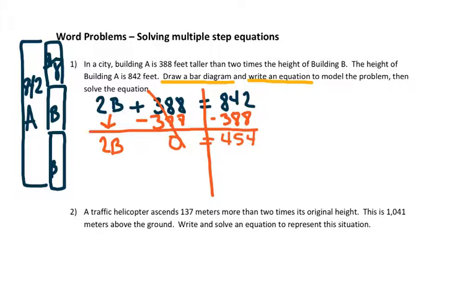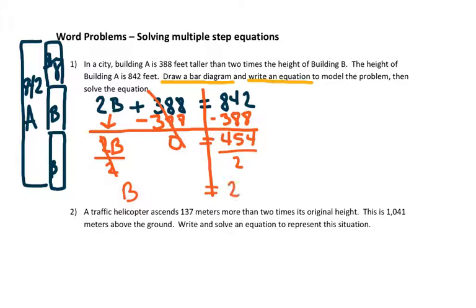And now we have to divide both sides by 2. Again, in the higher level mathematics, we like to use the fraction bar for division. 2 divided by 2 is 1, and we are left with B on the left hand side, and that was the objective. And then we have to do 454 divided by 2. Hopefully you don't need a calculator to do that.